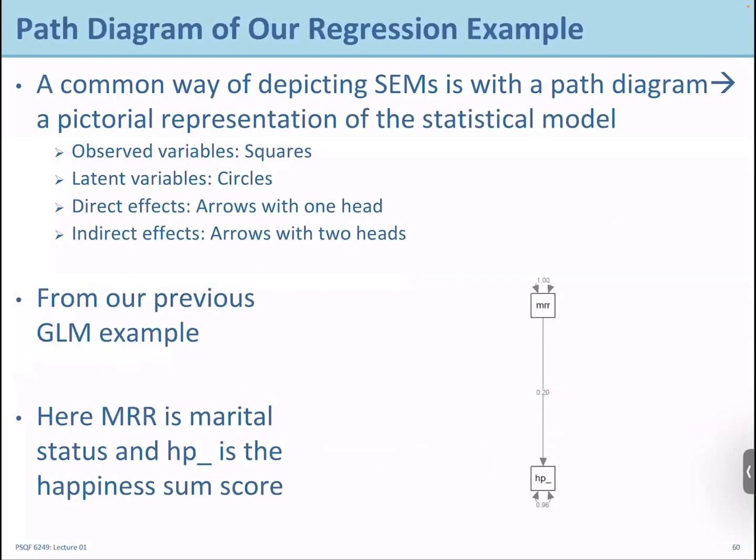Okay, so we often use something called a path diagram or a directed acyclic graph to describe relationships. So here, this is marital status. This is happiness. This is a directed arc, a directed arrow, saying that marital status predicts happiness. So when you see one arrow at the end, and this is all the way next week's lecture, we're talking about this, right?